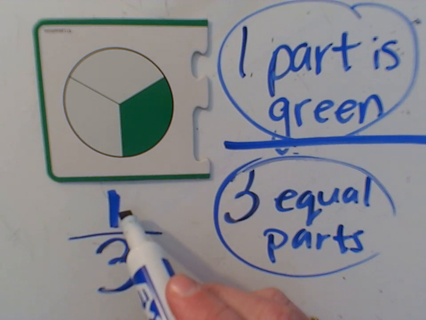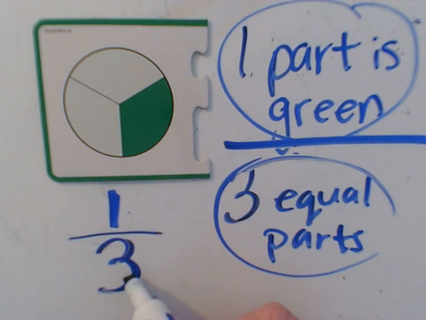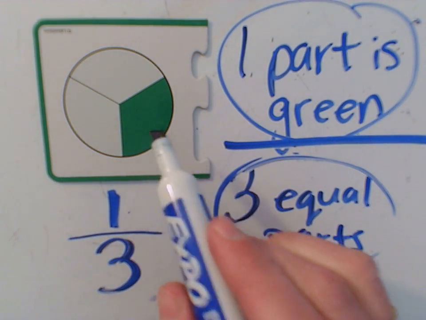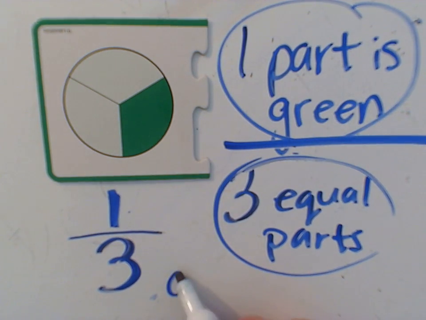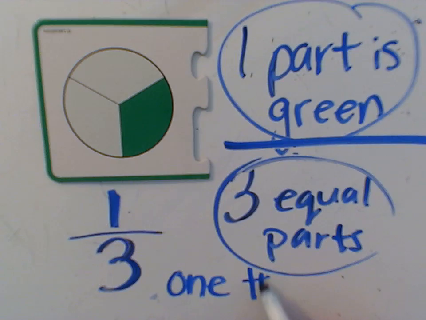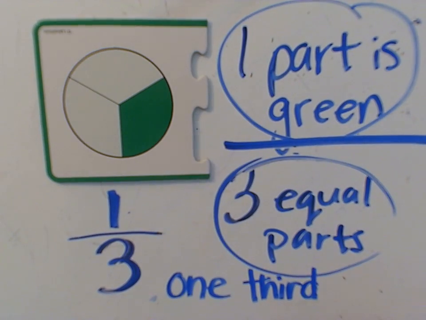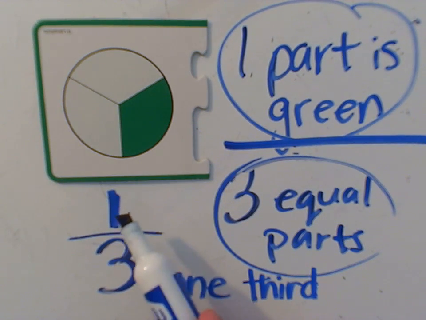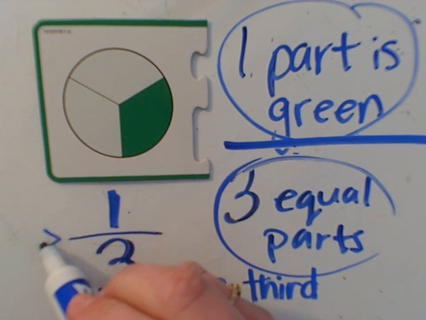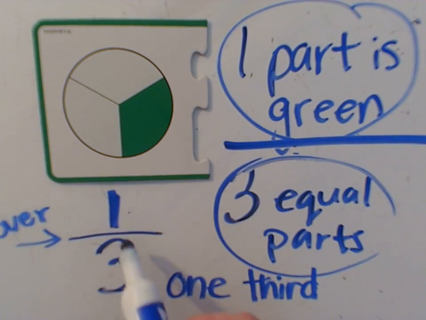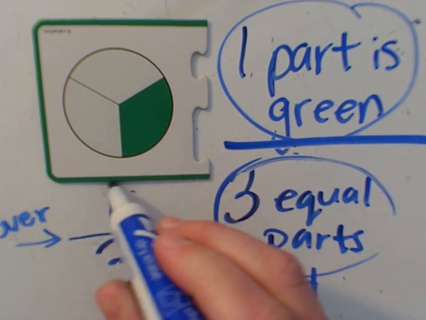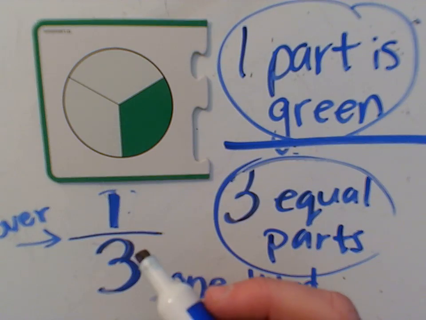So 1/3 of the circle is shaded green. And I can write that as 1/3. That's how I can say it. Or I could say 1 in this little line right here. You could say it over 3. 1/3. This represents our fraction.